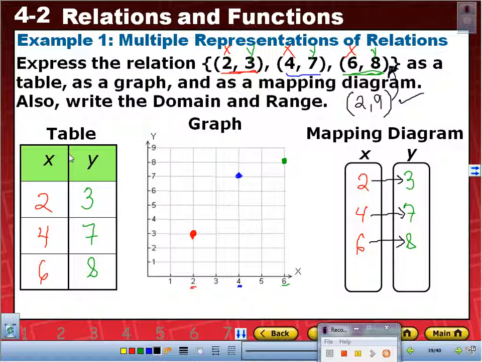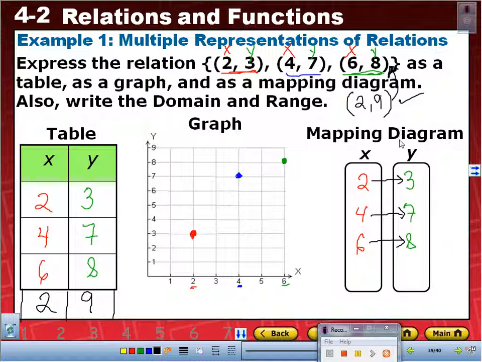So we already filled this table. What's missing? 2, 9, right? So I'm going to write it here. What is the x value? 2. And the y value? 9. So there it is. And now it's part of that table. However, pay attention, please.